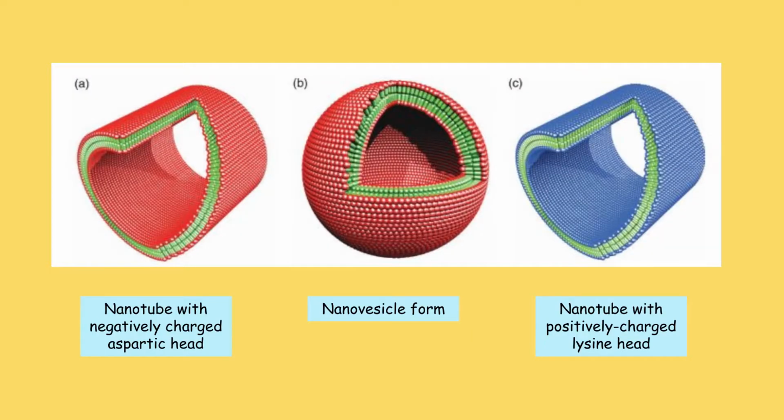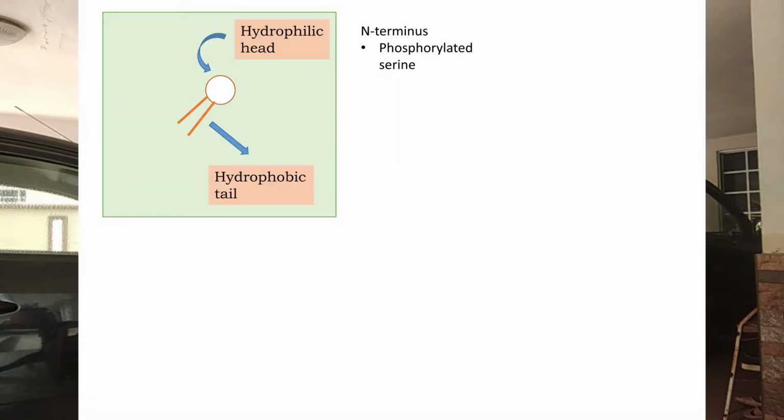Similar to micelle mentioned before, we found out that peptide undergoes self-assemble in water to form nanotubes and nanovesicles with average diameter of 30 to 50 nanometer. Recently, we also designed another peptide with a phosphorylated serine at the end terminus, followed by either alanines or valines as the tail.